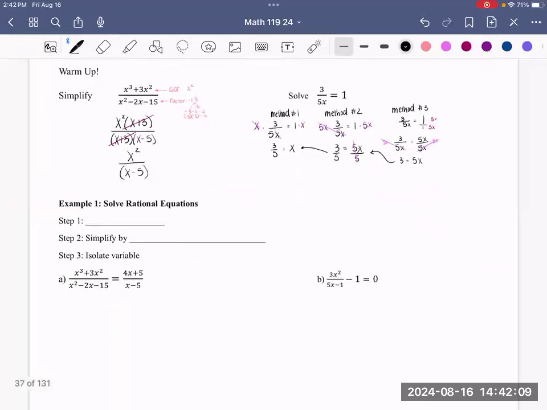So what we're going to be doing in our next example 1 is kind of a combination. Step 1, when you go to solve rational equations, the first thing you want to do before you get started is to factor. So first step, factor, and then simplify. Can anything cancel?